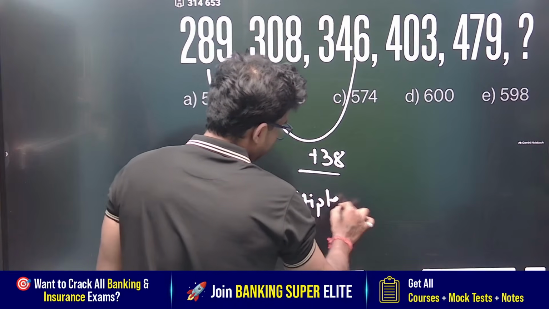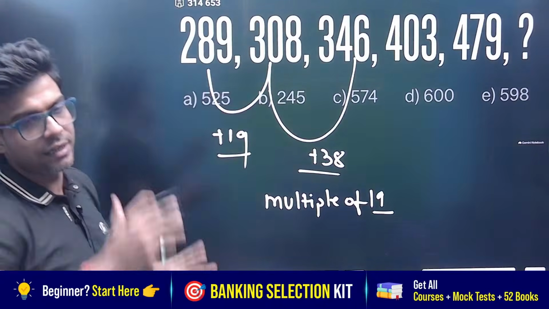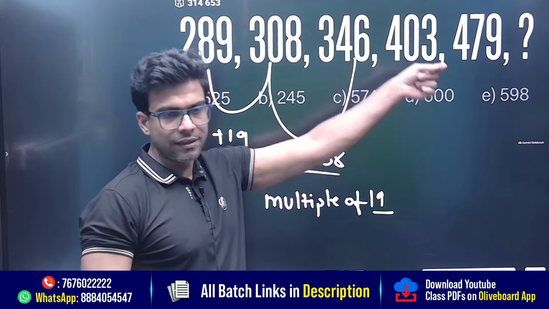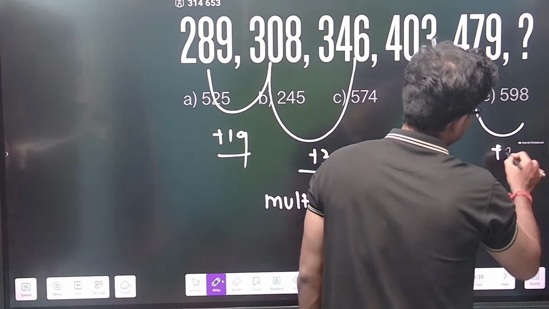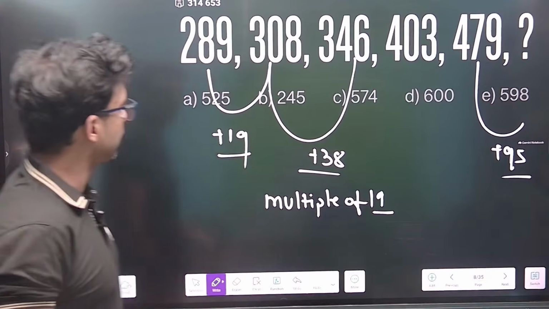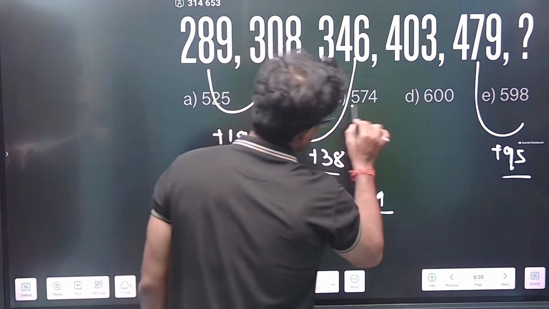So this series will be going in terms of 19: 1, 2, 3, 4 and then 5. So here it would be plus 95, and plus 95 would give me 4 at the last. Clearly I can say that my answer is 574.